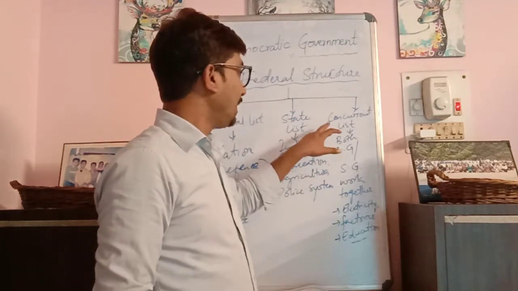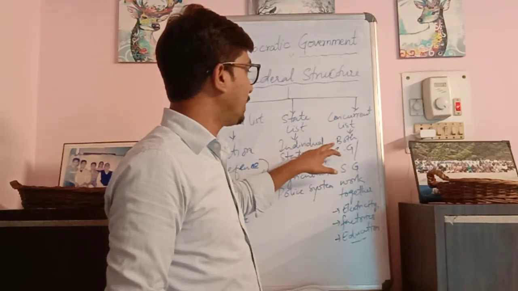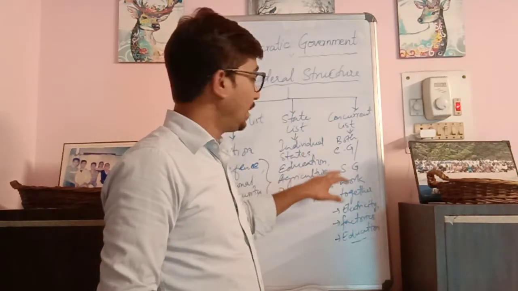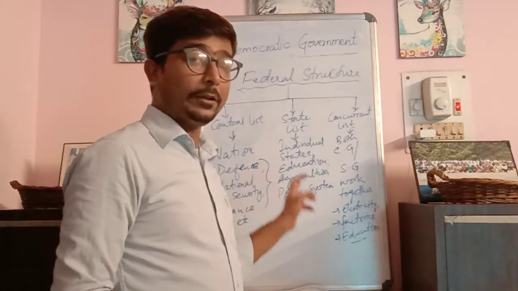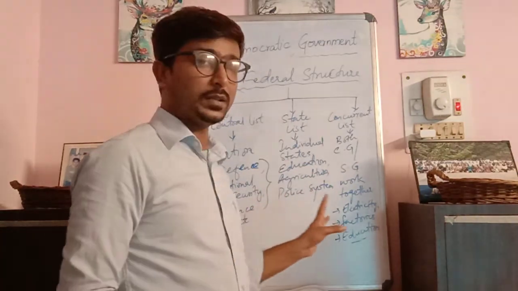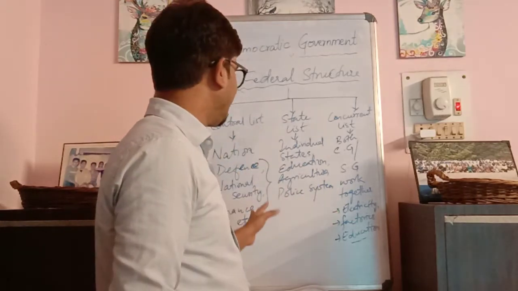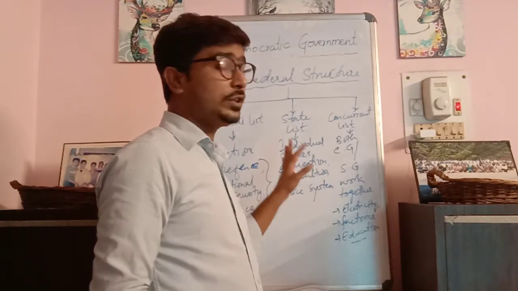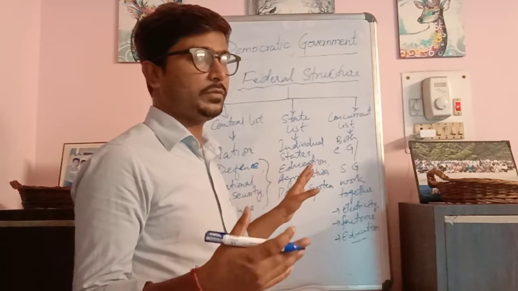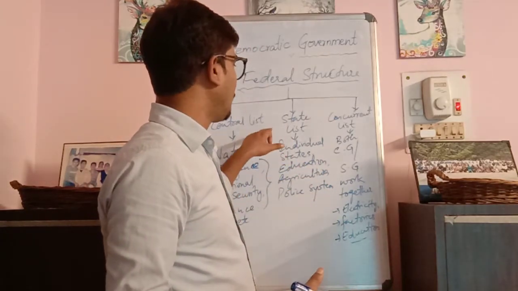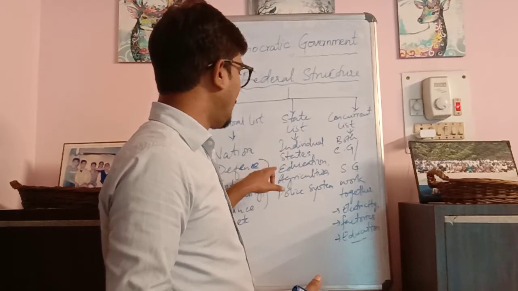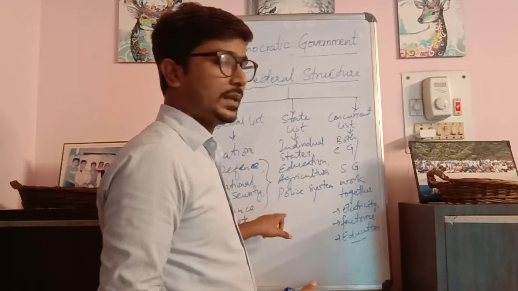Then the concurrent list is related to matters of both the central government and the state government. National security, defense, and financial matters are all covered under the central list. Under the state list, individual states handle various important functions controlled by the state government, such as education, agriculture, police system, and so on.